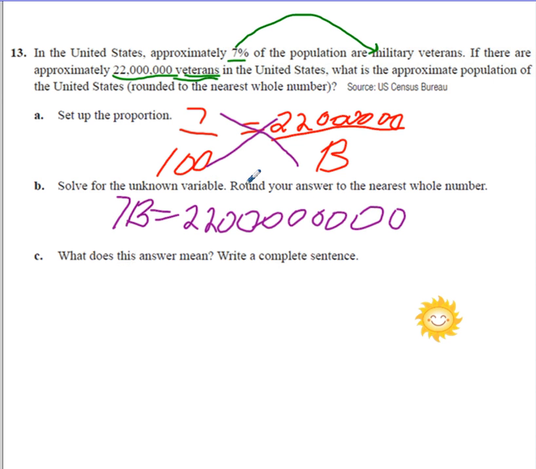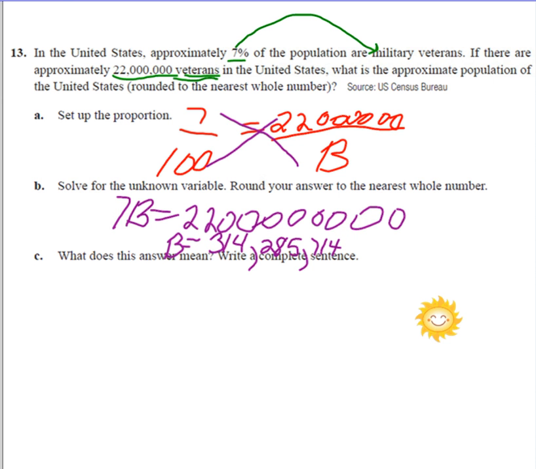And so if we divide that by 7, we will get B is, again, approximately rounded to the nearest whole number, 314,285,714.